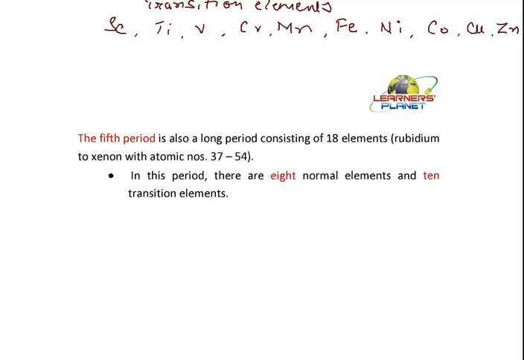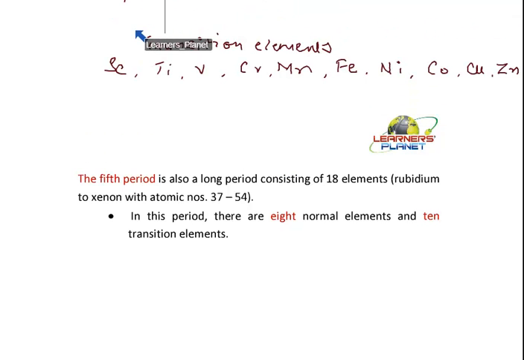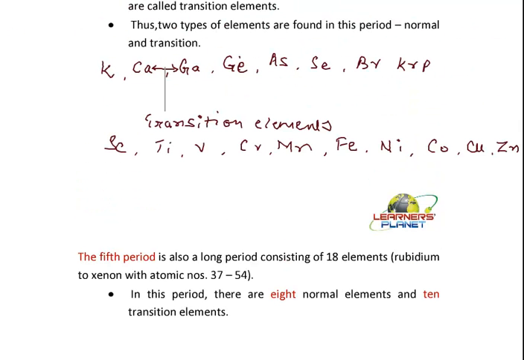So students, in the fourth period, there is potassium and calcium, which are metals. And gallium till krypton, they are non-metals.